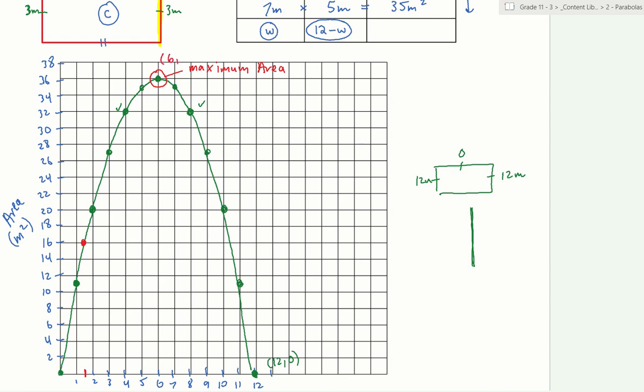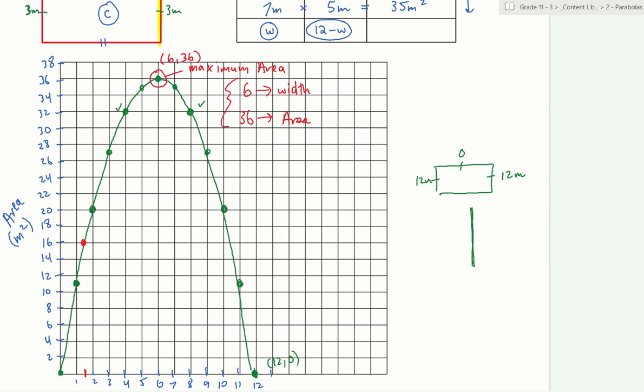This point is 6, 36. So 6, the x-coordinate, well, x stood for width, so that's the best width to do. 36 was the y-coordinate, that stood for area, so that's the best area you can get. Okay? So the maximum of this parabola, or the vertex of this parabola, is like the best situation.